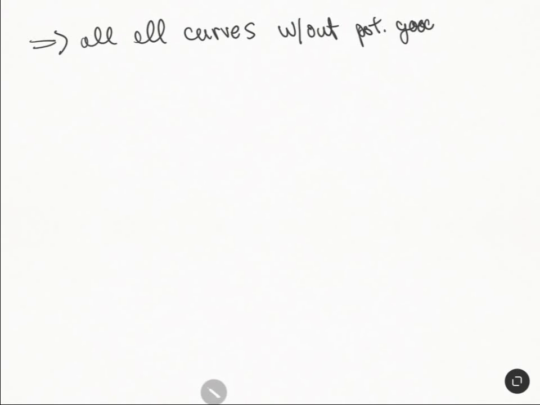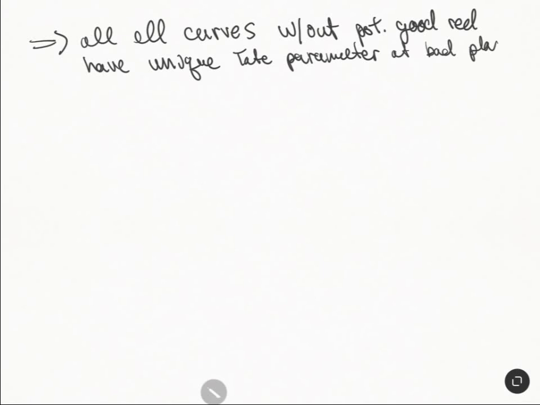Note that this implies the following, that all elliptic curves over this complete discrete valuation field without potentially good reduction have a unique Tate parameter at the bad places.